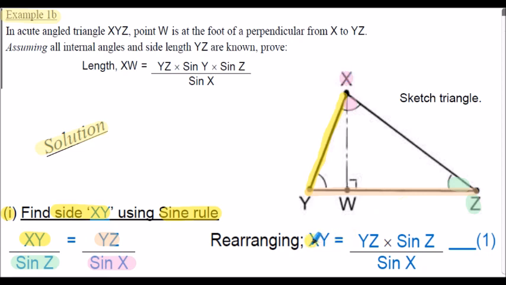Rearranging for side XY, simply multiply both sides of the equation by sine of angle Z. We have YZ multiplied by the sine of Z, divided by the sine of angle X. And I've labelled that equation 1 for reference.